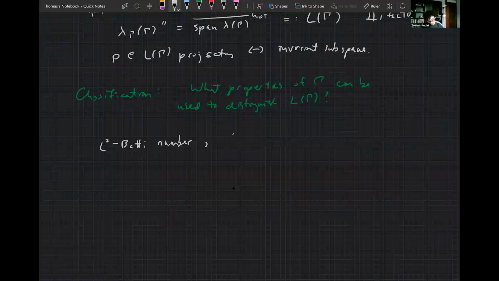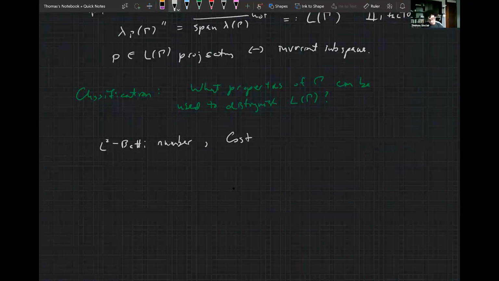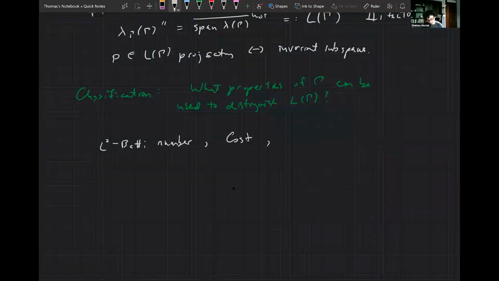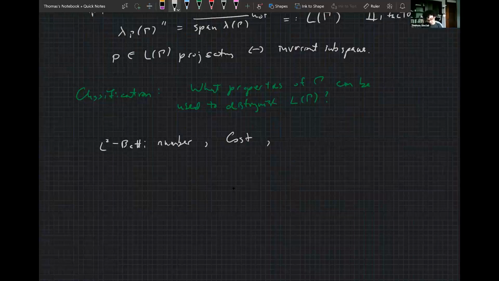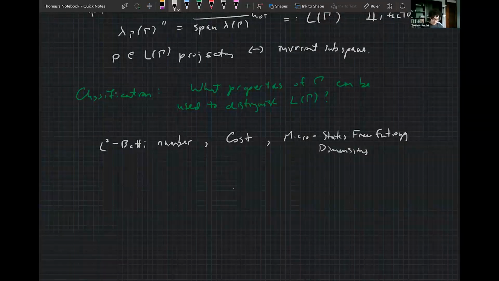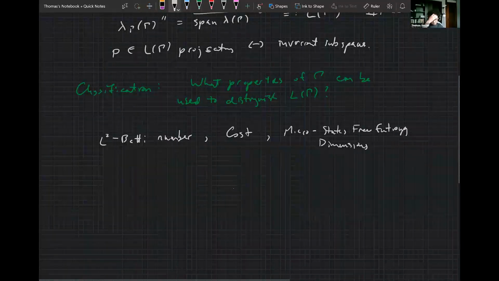There's a notion of cost for dynamical actions of groups, that's Gaboriau and Levitt. And then there's Voiculescu's microstates free entropy dimension. We've seen a little bit about microstates from talks on Connes embedding.